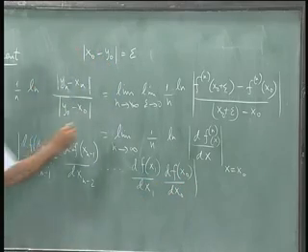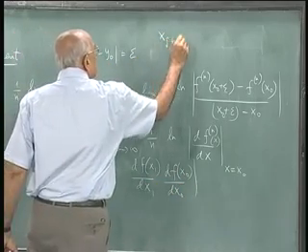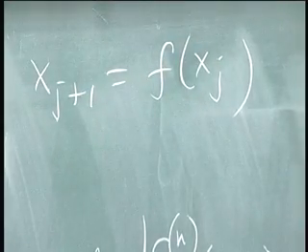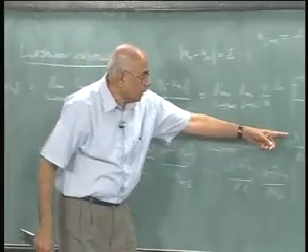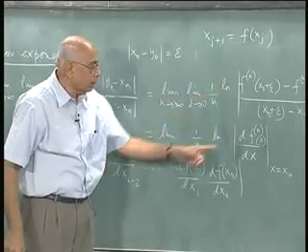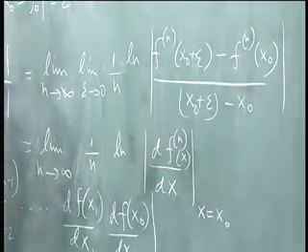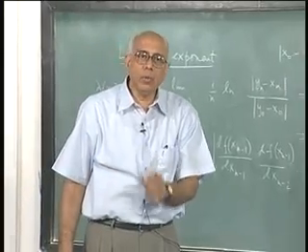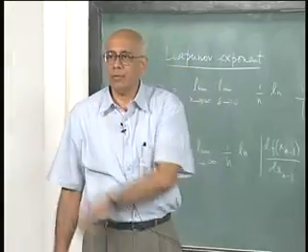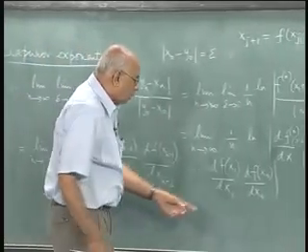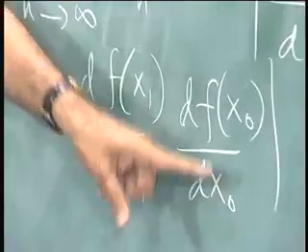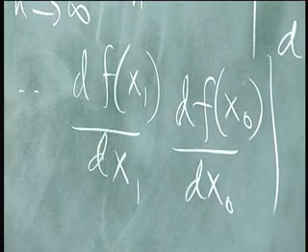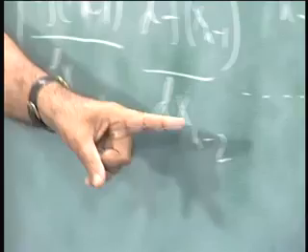All you have to use is the fact that x j plus 1 equal to f of x j by definition. Therefore, I take this nth iterate, f n of x is f n minus 1 of f of x, which is equal to f n minus 2 of f of x and so on. And since I have called the iterate of x naught, f of x naught, I called it x1, this cancels this all the way down till you end up with this function here.